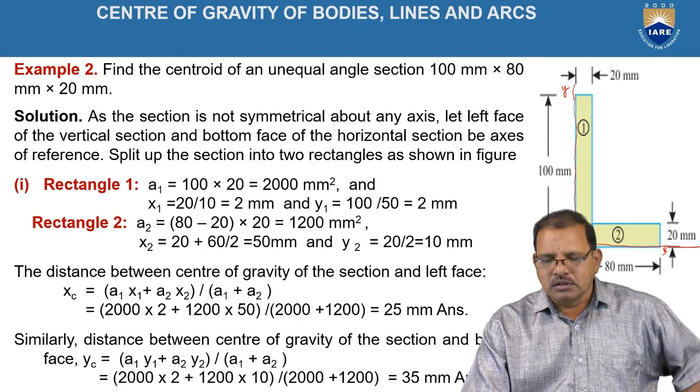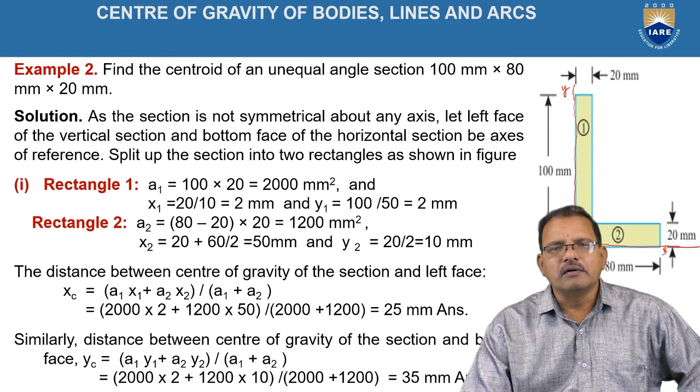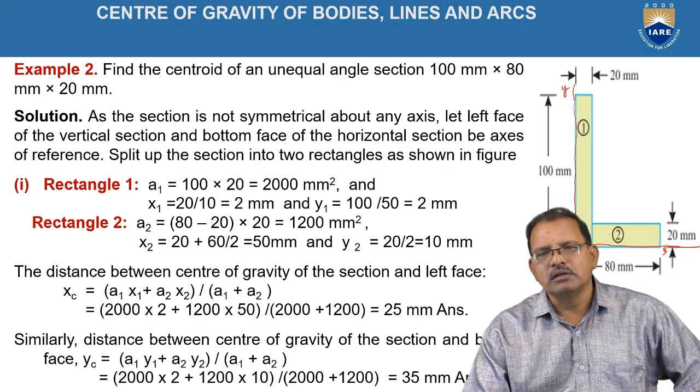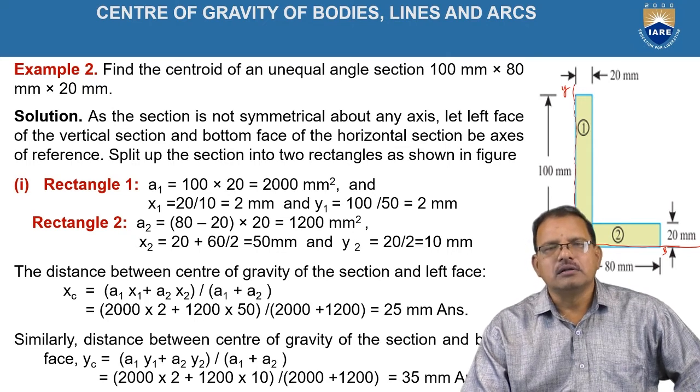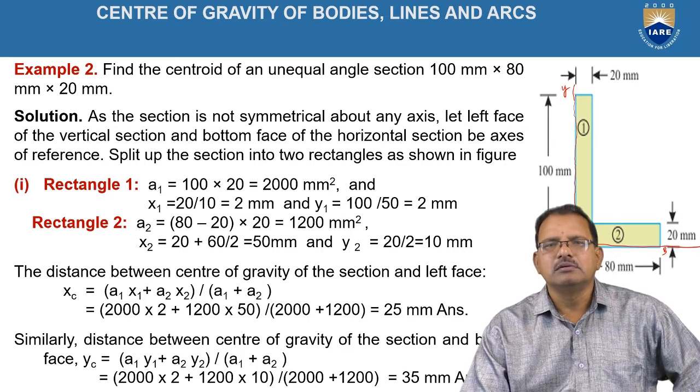Now, since it is a composite figure, we have to divide this figure into symmetrical figures. It may be in the form of a rectangle, square, triangle, semicircle or circle. Here it is only possible to divide it into two rectangles.